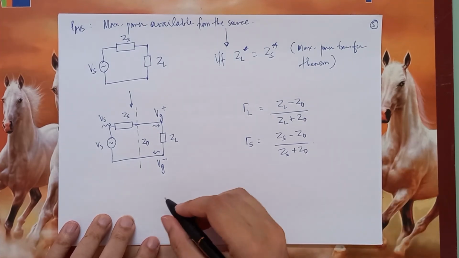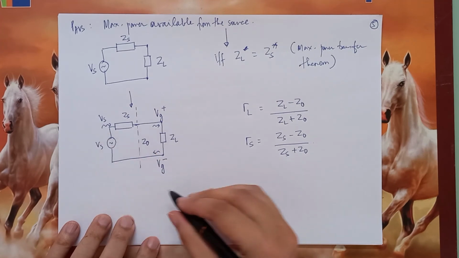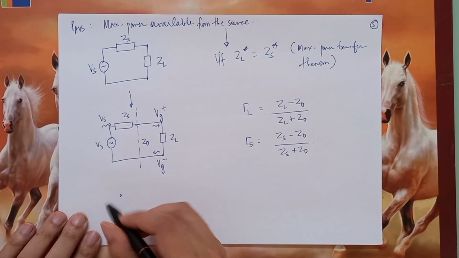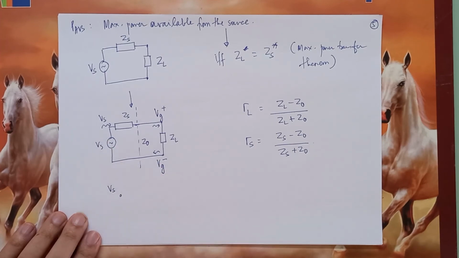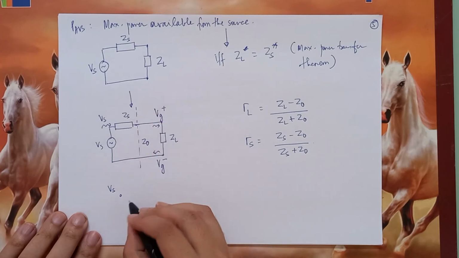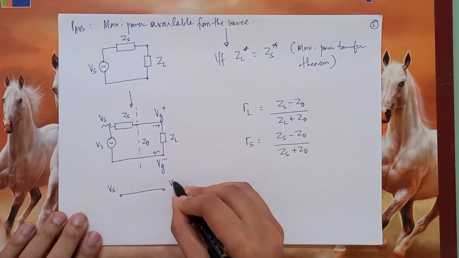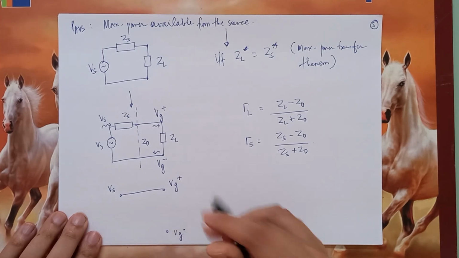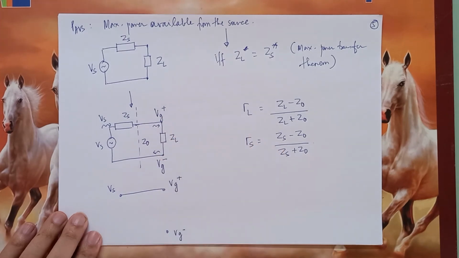So therefore, I can now represent this as a signal flow graph. Let us say this point is my Vs, the source voltage. It comes to this point where the voltage is Vg plus. Now, the Vg minus is over here. It passes through ZL.